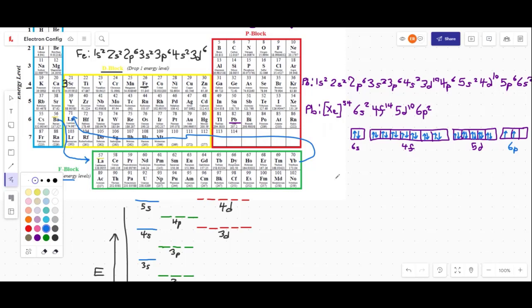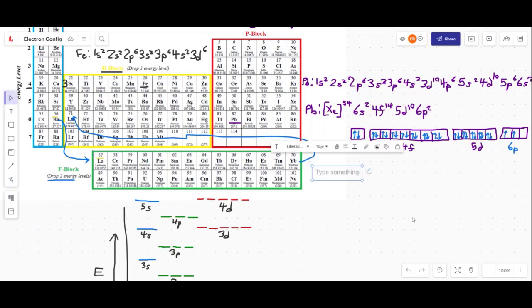So quantum numbers are kind of like an address for an electron. And I'm actually going to go ahead and type that up. So quantum numbers represent an address for an electron.